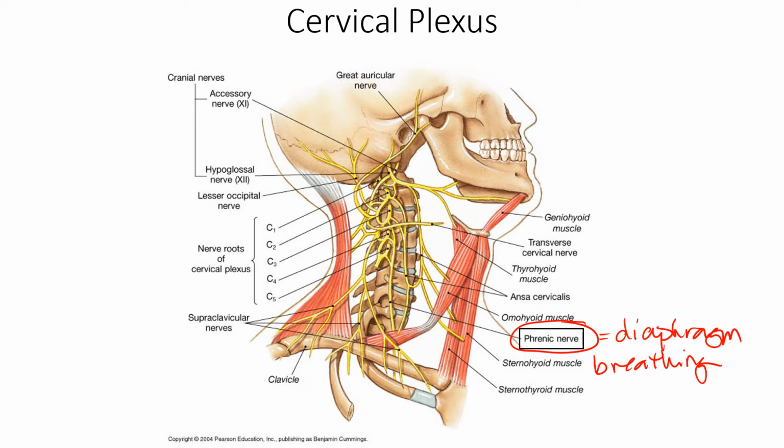Now, interesting that we know that the phrenic nerve does innervate the diaphragm, so if someone has the hiccups, it is an inflammation of that phrenic nerve or other nerves that serve in that area. All right, so cervical nerve plexus, what you want to know is that the phrenic nerve is the major nerve here. It supports nerve supply to the diaphragm, and it allows for us to breathe.